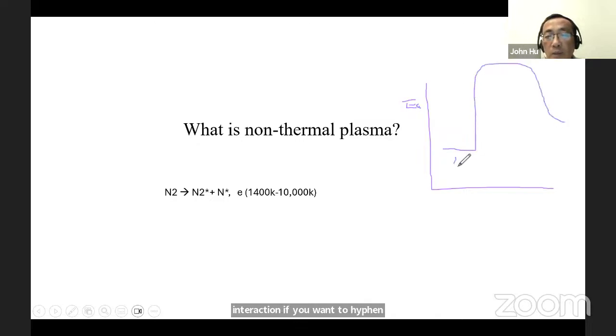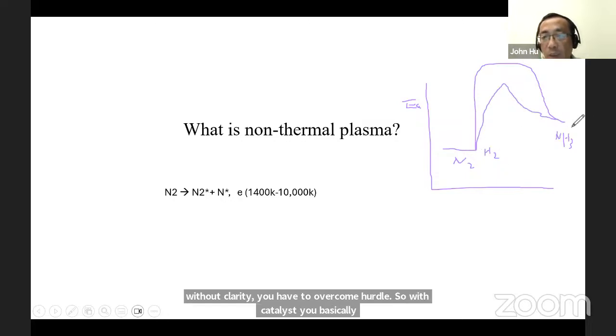This is N2 and H2, right? Then you end up with NH3. Without catalyst, you have to overcome the hurdle. With the catalyst, your starting point and end point are the same thermodynamically, but kinetically, you have to overcome the barrier here. That's why you need a temperature.